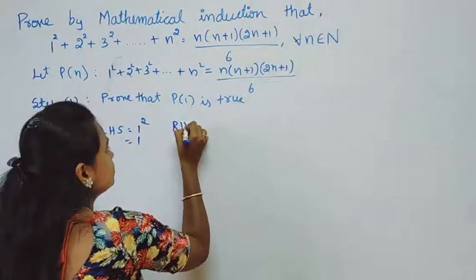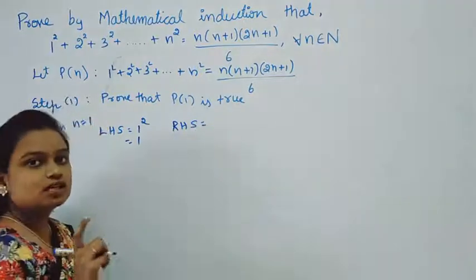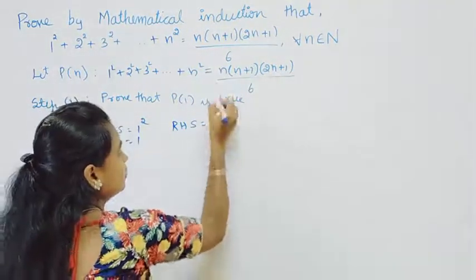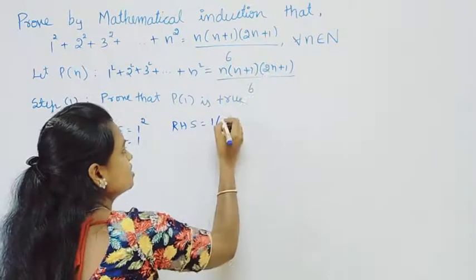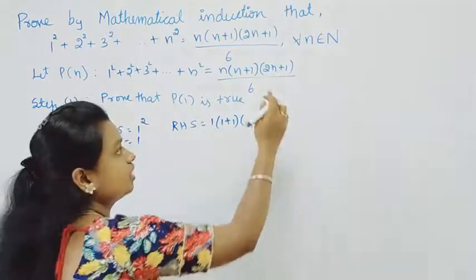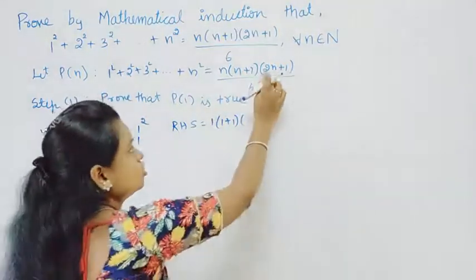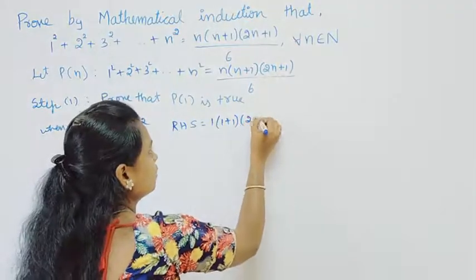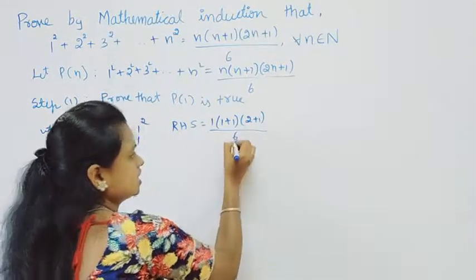Similarly, RHS becomes, so put n is equal to 1. n is equal to 1 means 1 into 1 plus 1 into 2n plus 1. So put n is equal to 1, means 2 into 1, 2 ones are 2, plus 1, divided by 6. Understand?